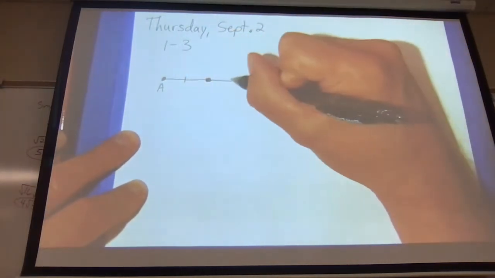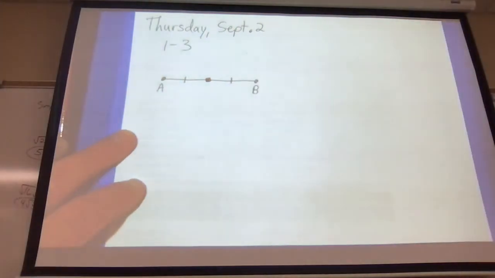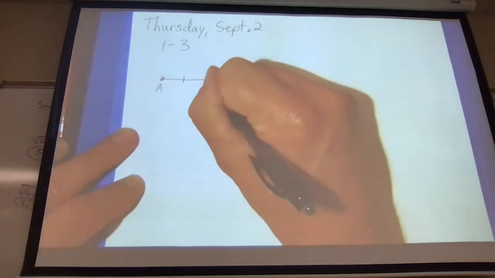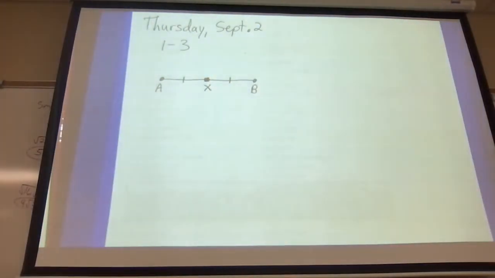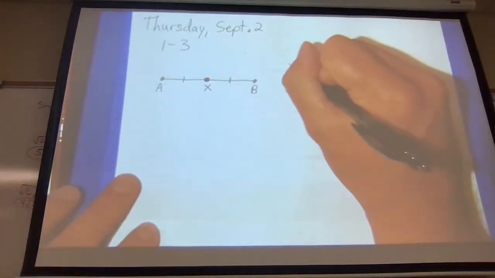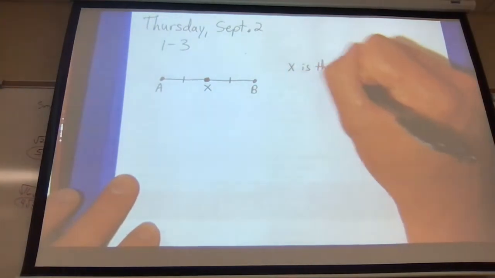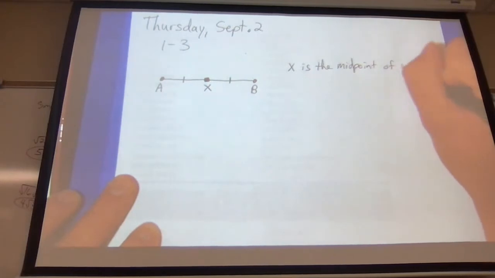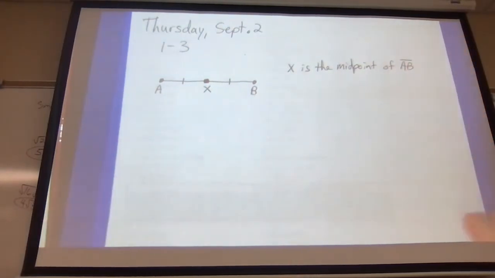We put these little tally marks, these little congruence marks to show that they're congruent. Call that point X. In this picture, X is the midpoint of segment AB. Put that point right in the middle of the segment, call that the midpoint.